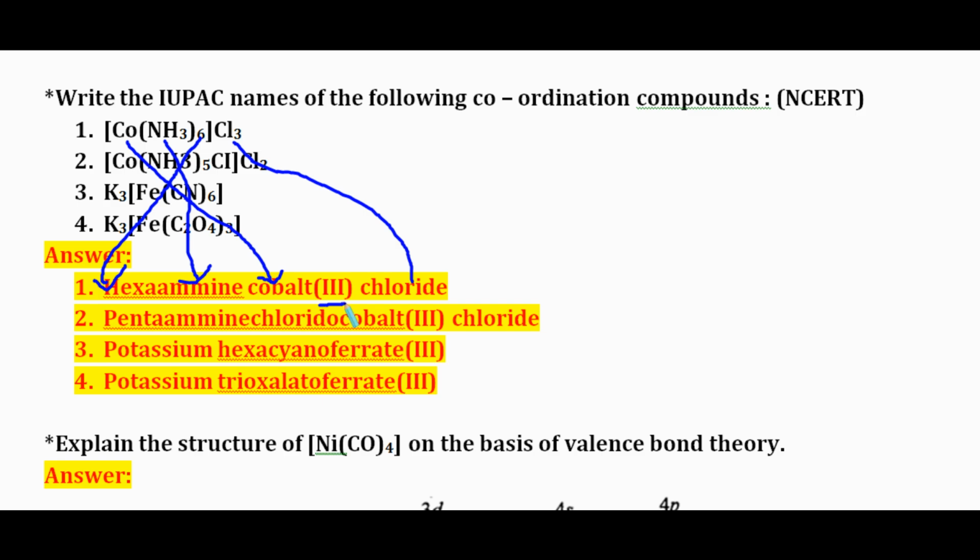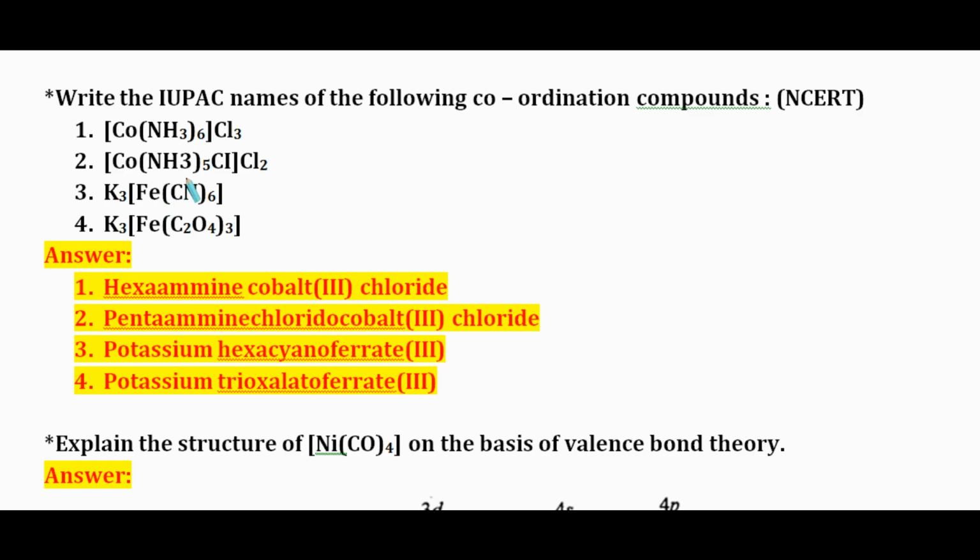Now, how to calculate oxidation number? Amine is a neutral ligand, whereas Cl is a negative ligand which contains one negative charge. 3Cl has -3 charge, which is completed by Co. Thus, its oxidation state is 3.